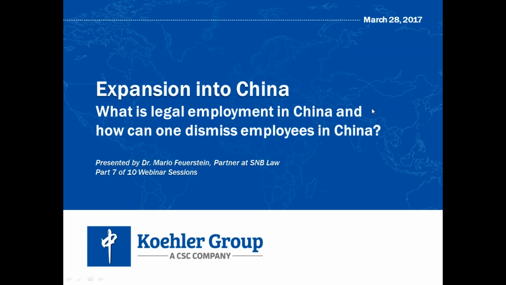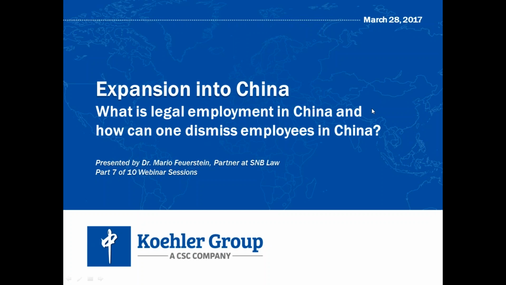The People's Republic of China is known to have a very employee-friendly labor law. This means, for example, that it is difficult for the employer to unilaterally terminate the employment once an employment relationship has been established.